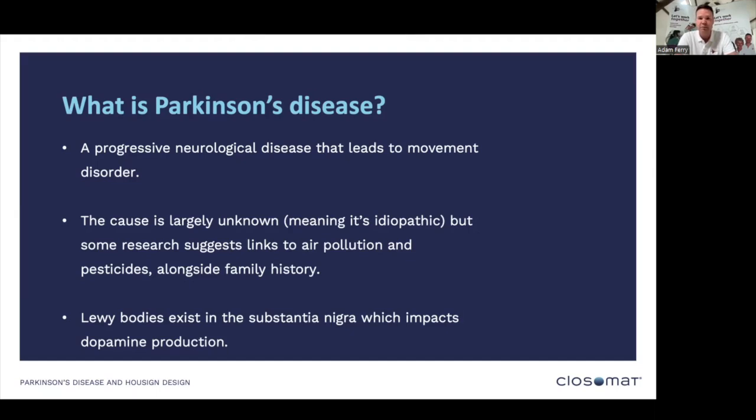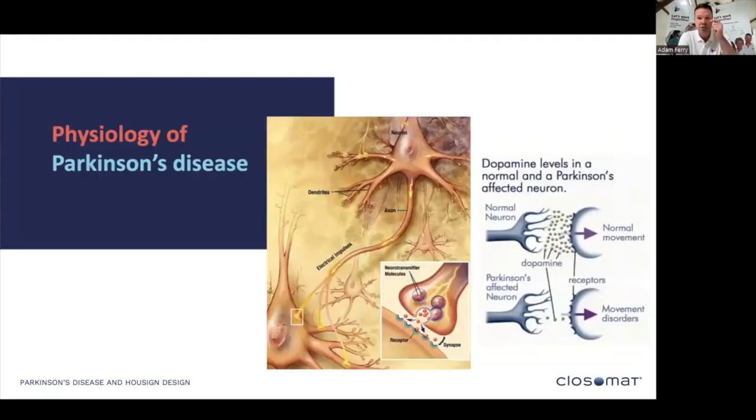Different places of the brain could lead to Lewy body dementia or to specifically Parkinson's, although we will talk within this webinar about how there are similar and different symptoms and presentations for someone with Lewy bodies or Parkinson's or even Parkinsonism. But essentially, it's the presence of Lewy bodies in that particular part of the brain and an impact on dopamine production. So why is dopamine production important?